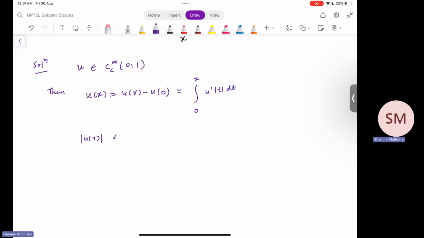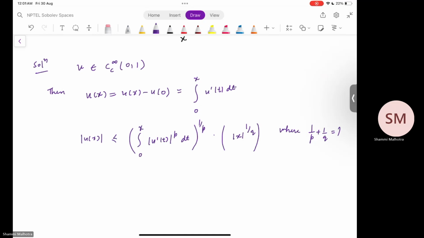So |u(x)| will be less than or equal to the integral from 0 to x of |u'(t)|^p dt, whole power 1 by p, into |x| raised to power 1 by q, where 1 by p plus 1 by q equals 1, and this is what we are getting using Hölder's inequality.